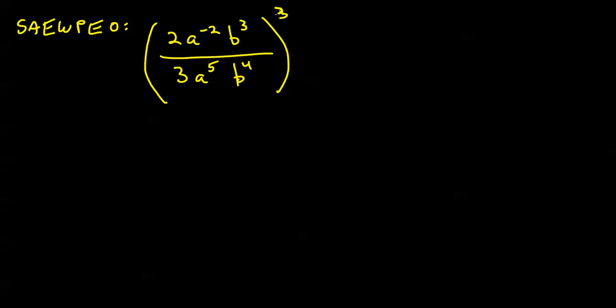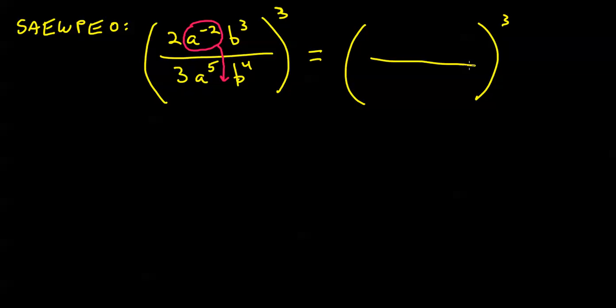Alright, what I'm going to do is simplify within the parentheses as much as I can before I go on. I notice I can bring down a to the minus 2 power as a squared in my denominator. Can I not? As long as I change the sign. A to the minus 2 power comes downstairs as a squared, joins up with a to the 5th, and I'll have 7 factors of a in my denominator.